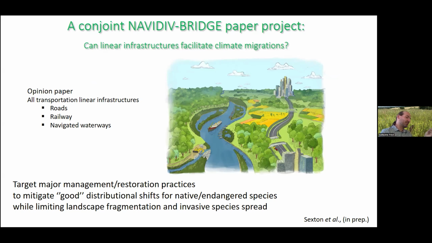So this includes the management of existing linear infrastructure units and the design of new ones to provide a valuable opportunity for land managers and stakeholders to explore if and how this infrastructure could facilitate plant and animal climate migration in the coming decades.